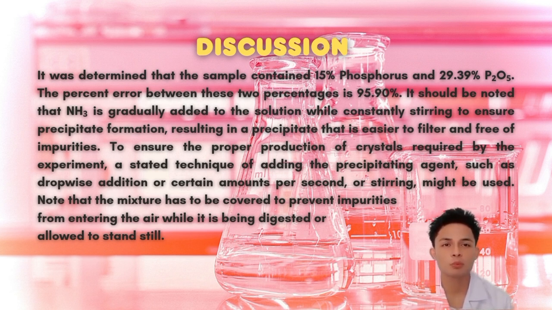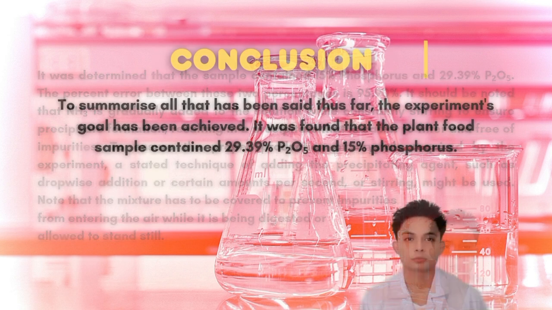To ensure the proper production of the crystals required by the experiment, this technique of adding the precipitating agent, such as clockwise addition of a certain amount per second, or stirring might be used. Note that the mixture has to be covered to prevent impurities from entering while it is being digested or allowed to stand still.